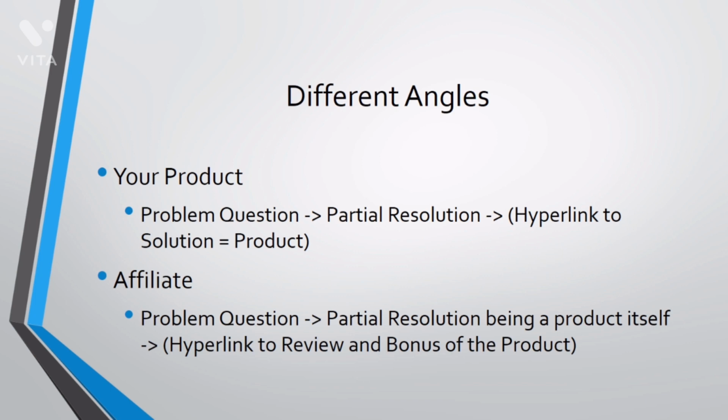That's fine. So you could kind of take the angle of your product up here, but to get higher conversions, what you might want to do is problem question, partial resolution being a product itself, and then maybe a hyperlink to the review and bonus of the product.